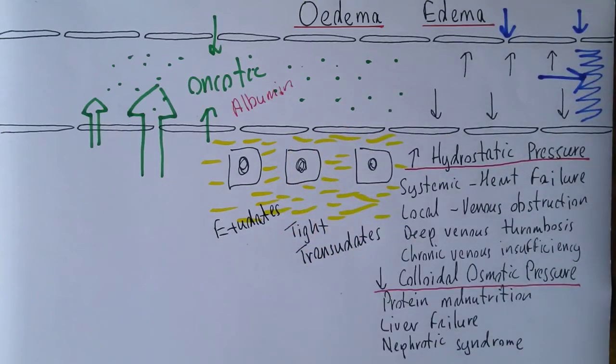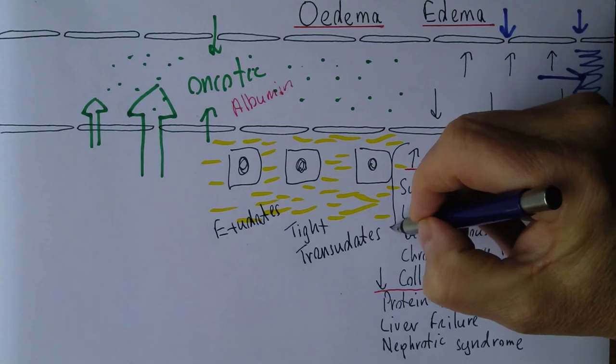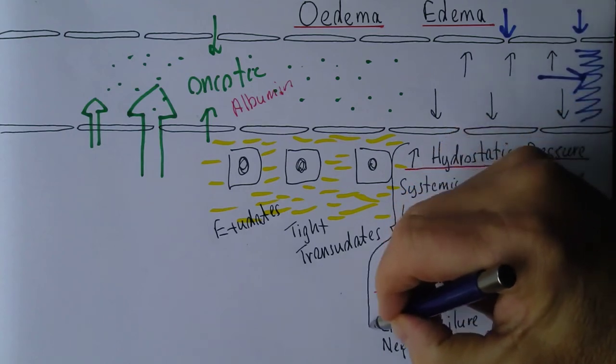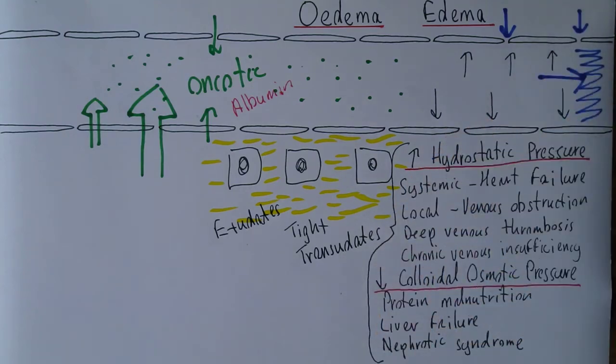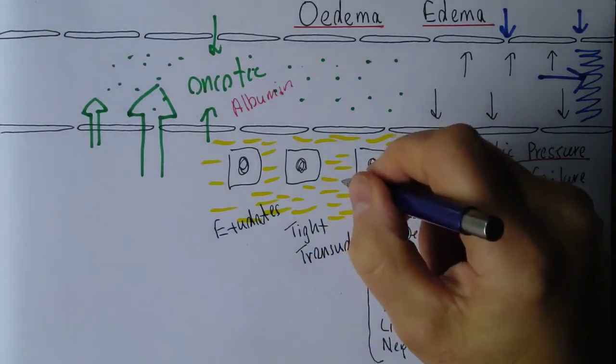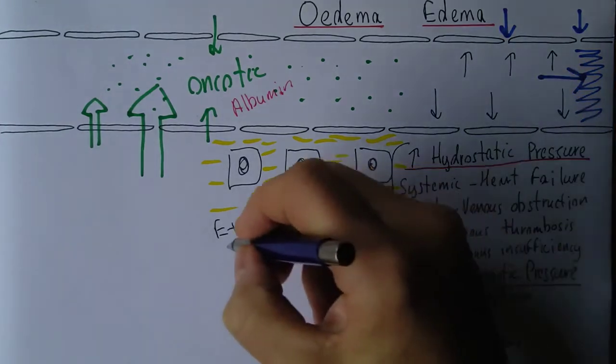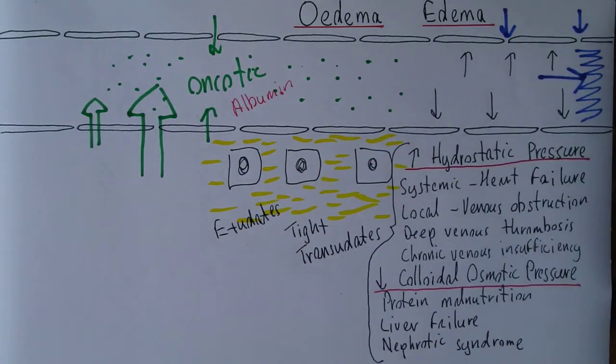So let's think about causes of exudates now. Increased hydrostatic pressure and decreased colloidal osmotic pressure will lead to formation of transudates. It's an edema. There's too much tissue fluid, but it's a transudate. Now the other one is the exudates.